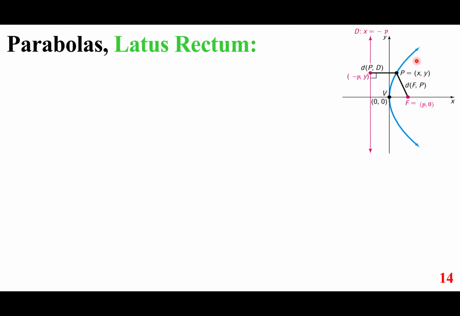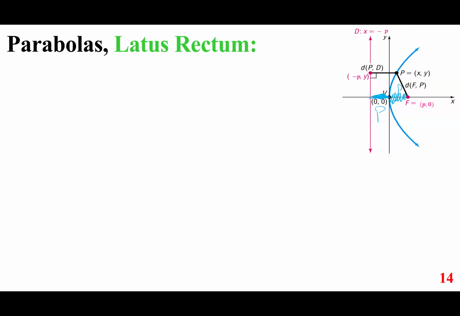And any point, for example, this point having coordinates x, y, you drop it perpendicular to the directrix and you connect it to focus, these two distances must be the same. This distance is the p, everybody. The same as this distance.